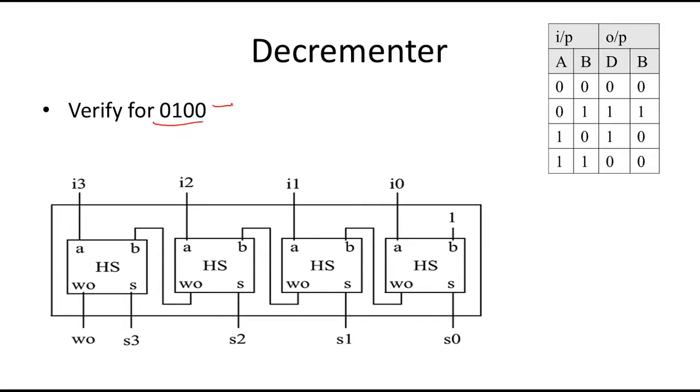We can verify the functionality of this decrementer by taking an example. Let's say this is our number A, a 4-bit binary number. So we are going to implement a 4-bit decrementer. Whenever we talk about 4-bit, 3-bit or 8-bit, it means the memory or bits of our circuit are fixed.